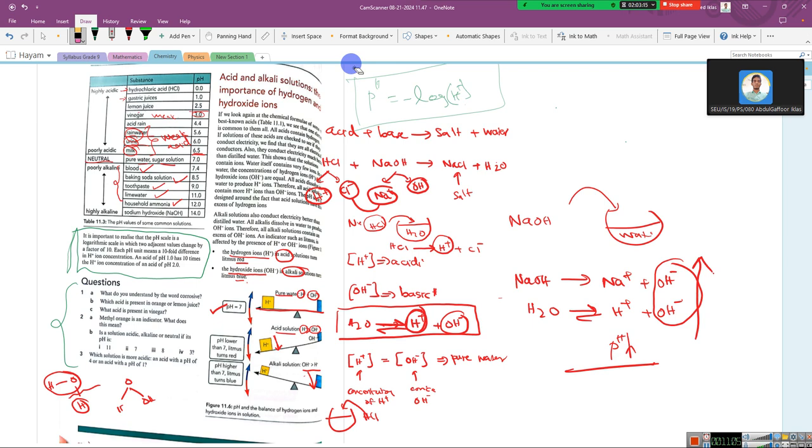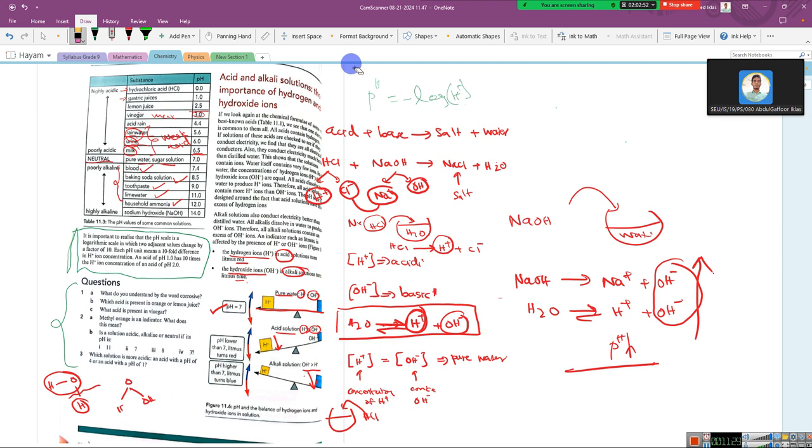So now for calculating pH, this might be included in your higher grades, right? For finding out the pH of a solution, we have the equation pH is equal to minus log of the concentration of H plus, right? So in a chemical reaction, if we can find out the concentration of H plus, then we can easily calculate the pH, right?